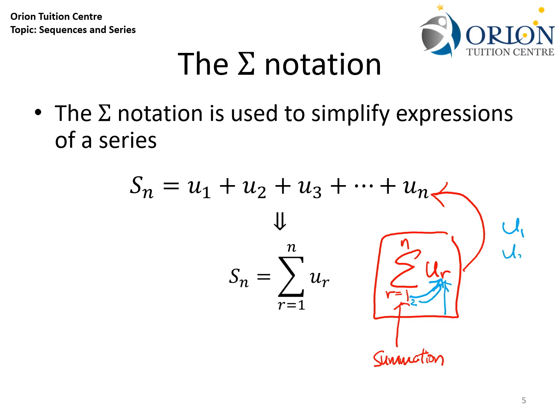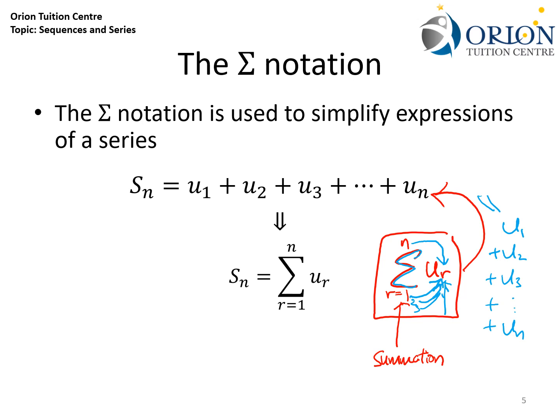When r is 3, I substitute here to get U3, and so on. Eventually, the last term I substitute will be when r is n, which gives me Un. And the sigma notation tells me that I need to sum up all of these terms together, and hence they are equivalent.